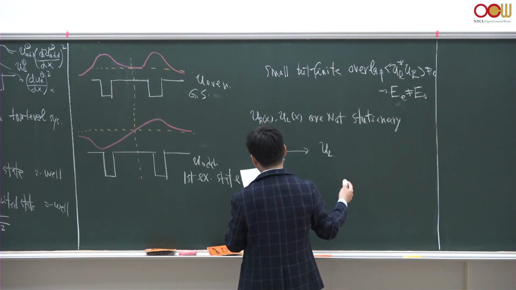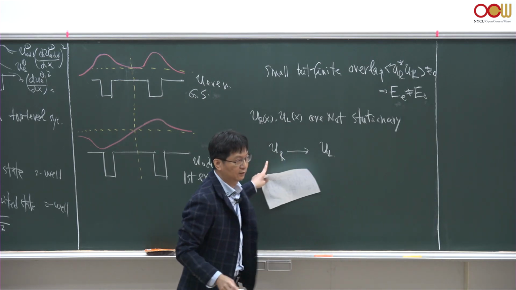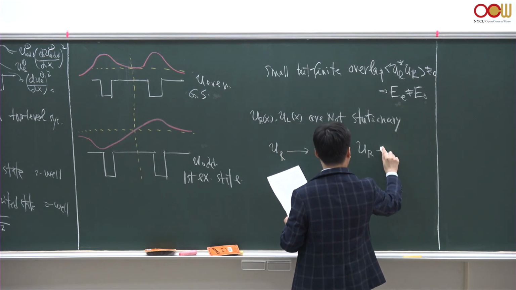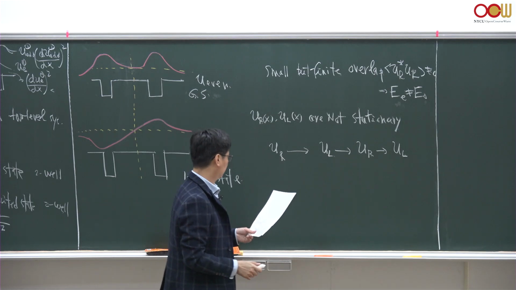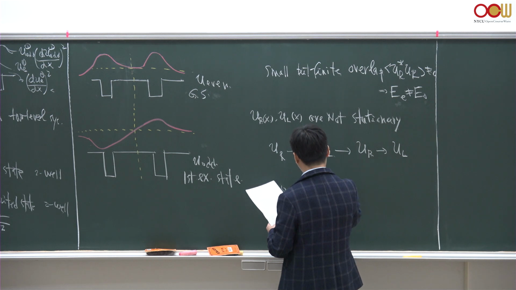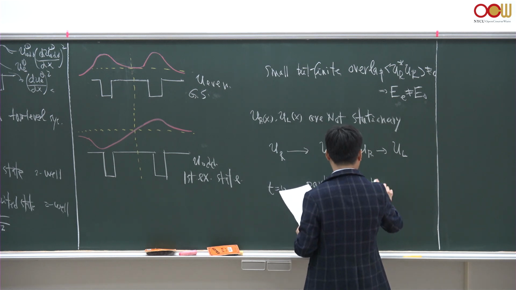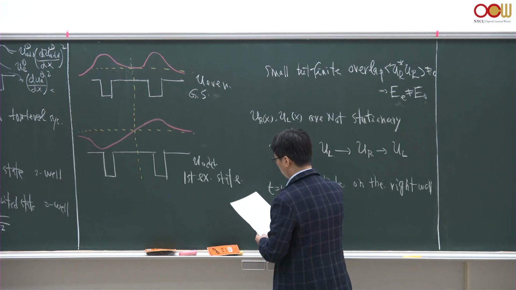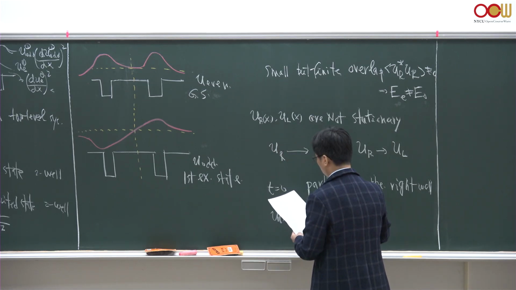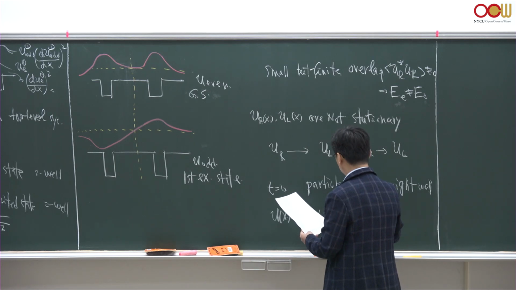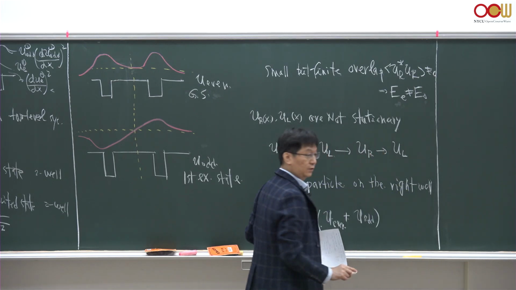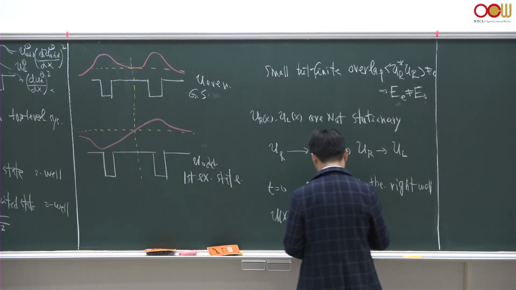It's not a stationary state, but it will actually travel to the other side and then go back and so on and so forth. At t equals 0, suppose the particle is on the right well. So U of x is actually U right, which is U even plus U odd, divided by square root of 2, which is the initial state.